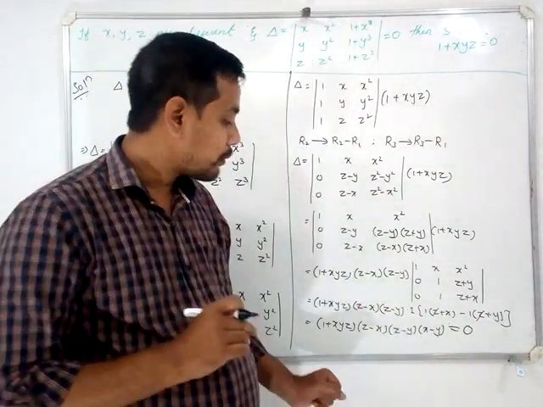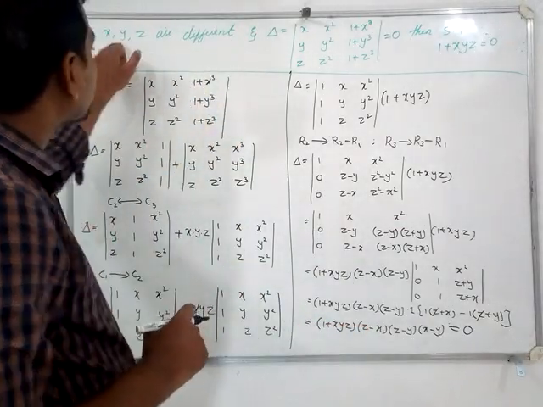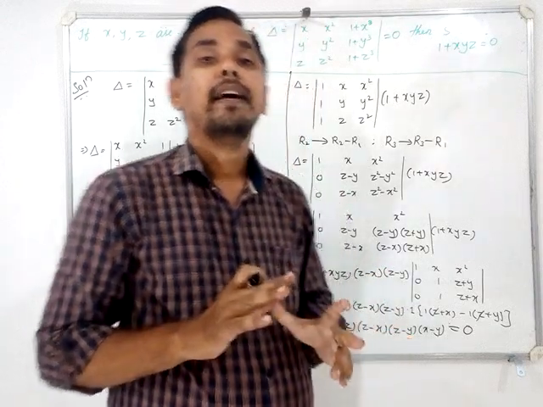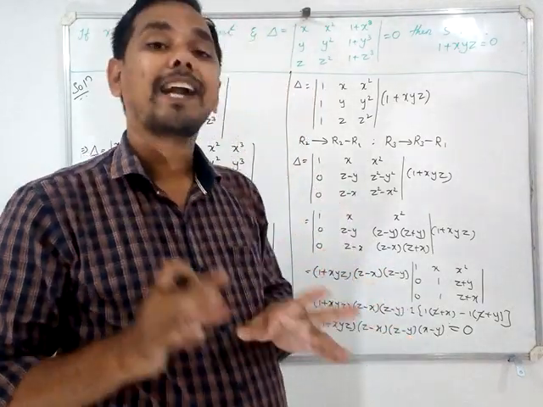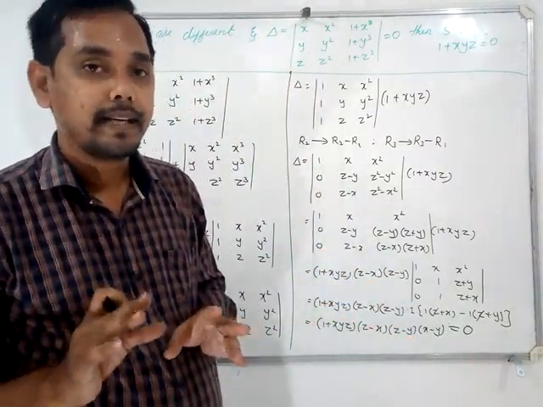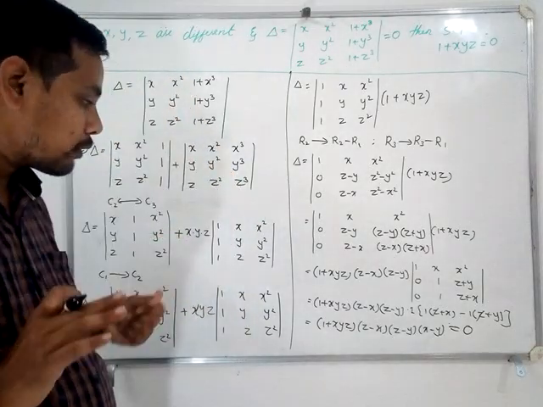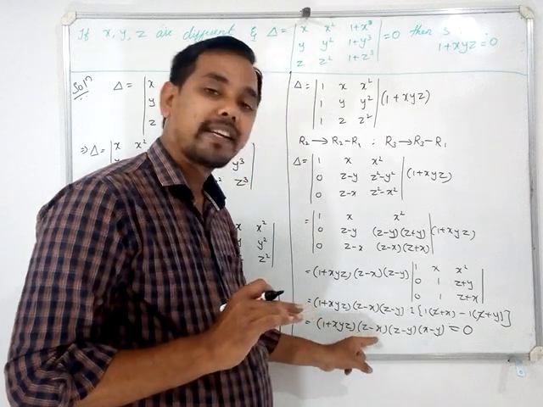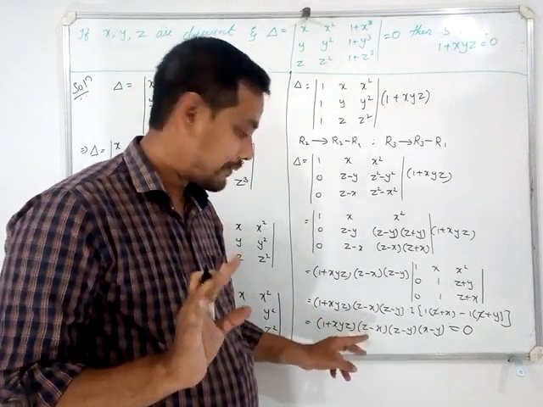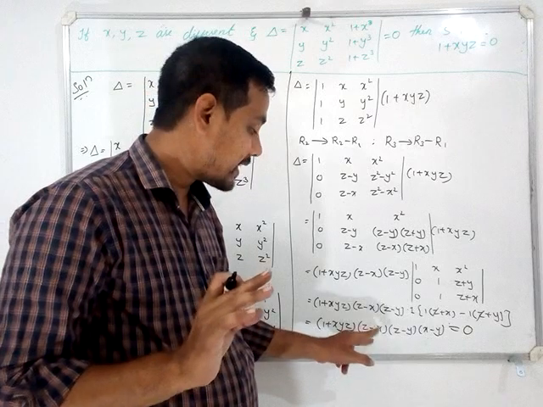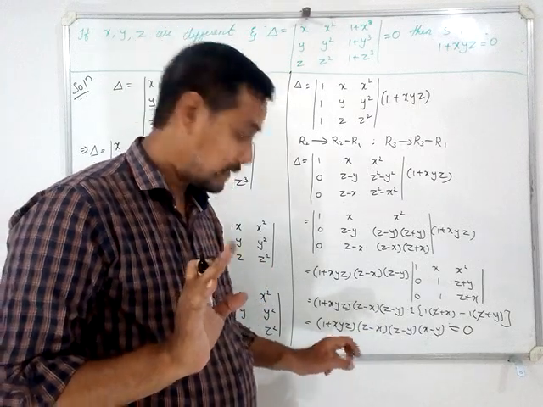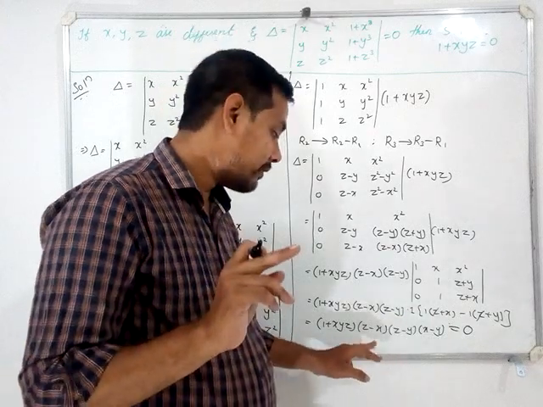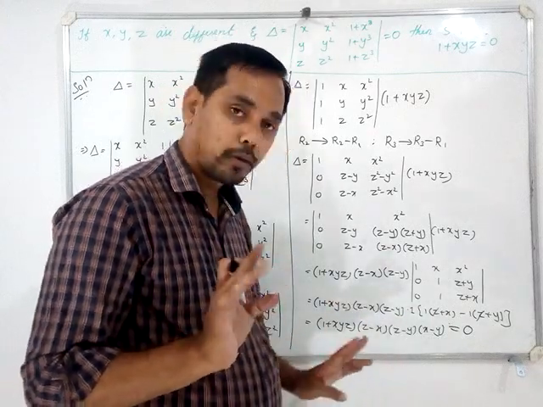So now what you need to observe here is they have given that x, y, z are different. That means x is not equal to y, x is not equal to z, and y is also not equal to z. So if x is not equal to z, then z minus x will not be equal to 0. Z minus x will be equal to 0 only when z is equal to x, right? So z minus x is not equal to 0.